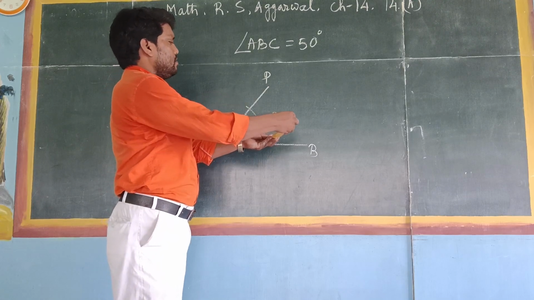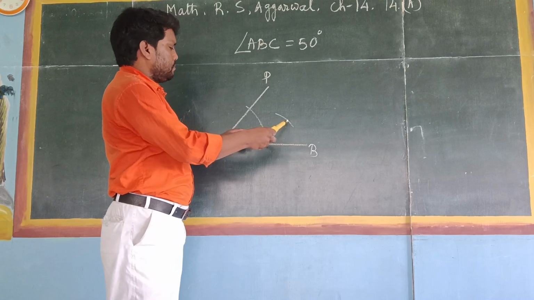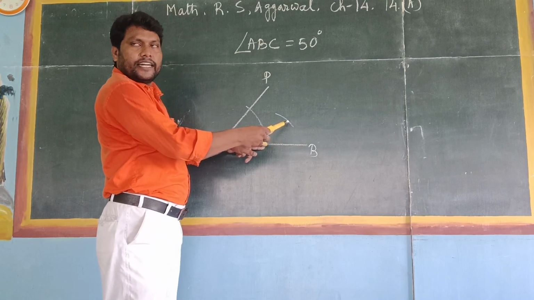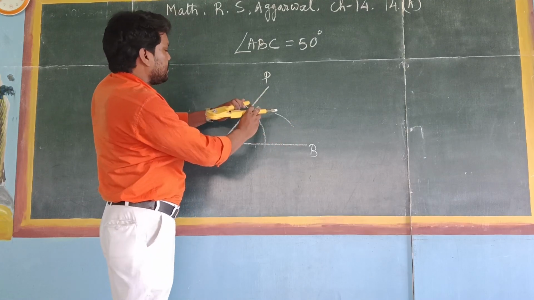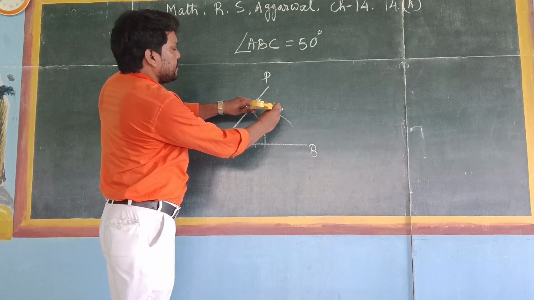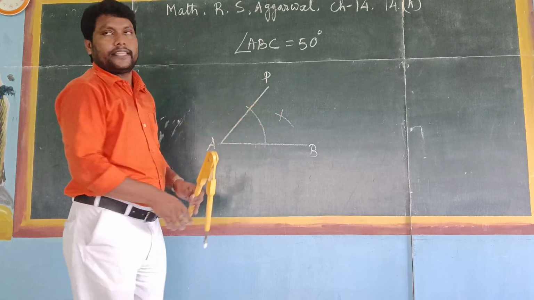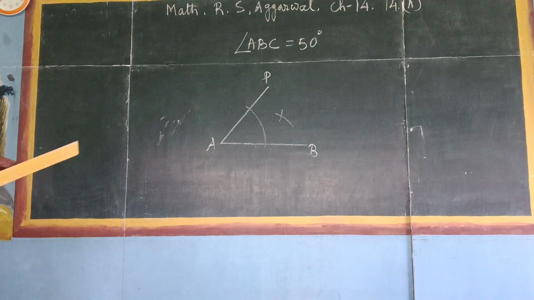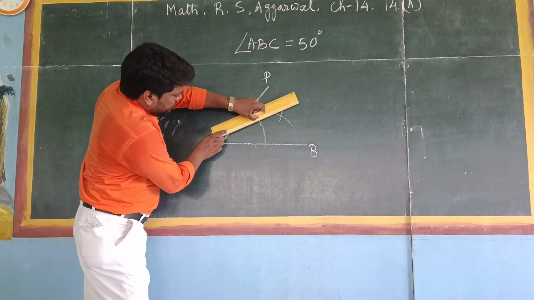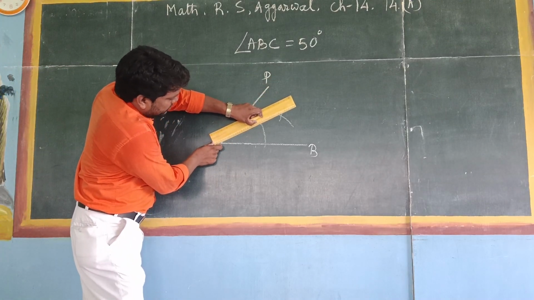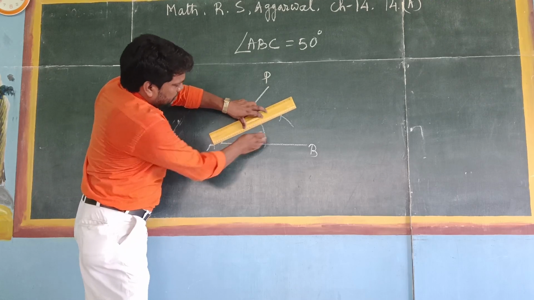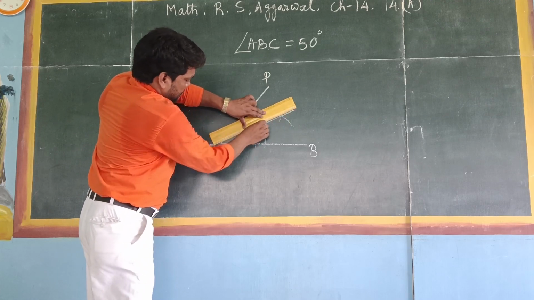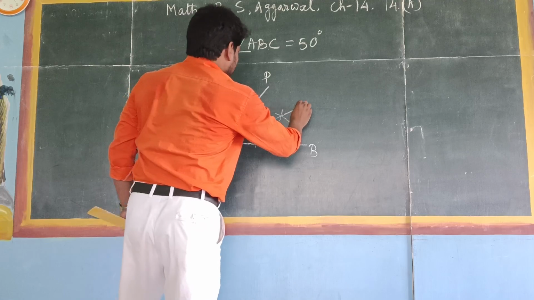Now cut to the right side from this intersecting point, and from this intersecting point also cut. Then join with the vertex the intersecting point. Okay, suppose it is M.